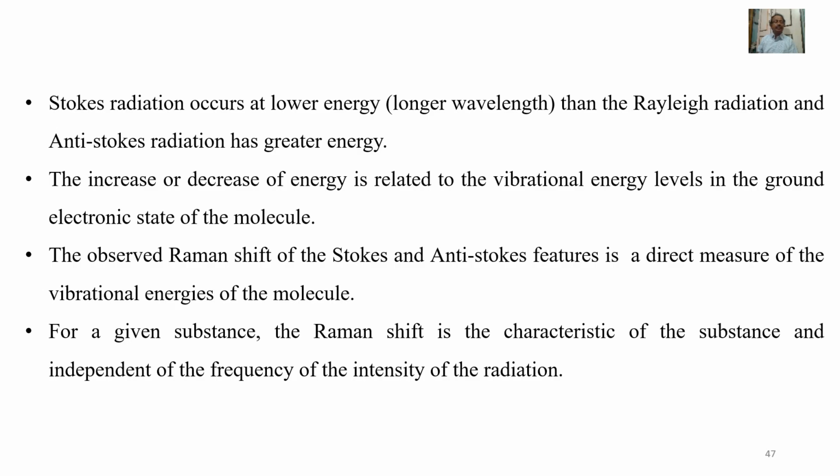The increase or decrease of energy is related to the vibrational energy levels in the ground electronic state of the molecule. The observed Raman shift of the Stokes and anti-Stokes features is a direct measure of the vibrational energies of the molecule. For a given substance, the Raman shift is characteristic of the substance and independent of the frequency of the incident radiation.